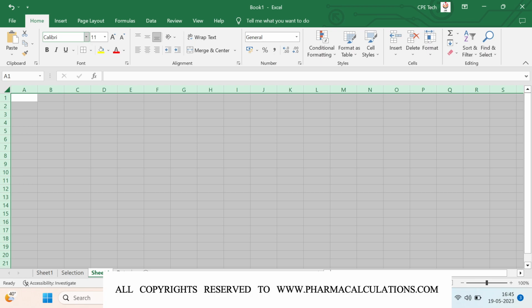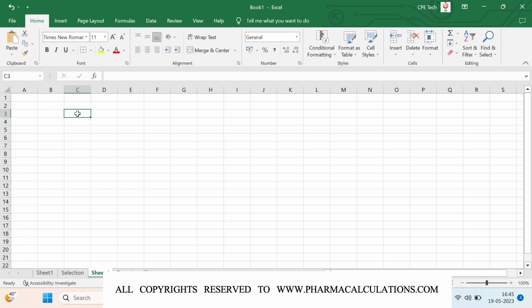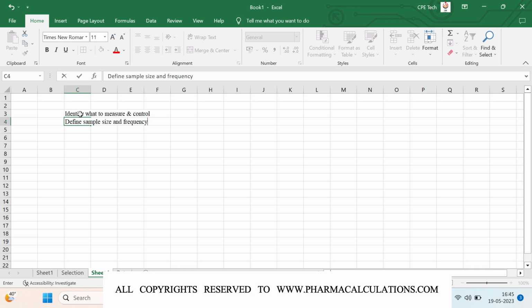There are steps involved in this implementation part. First, we need to identify what to measure and what to control. The next one is define sample size and frequency, and the third one is determine rational subgroups.